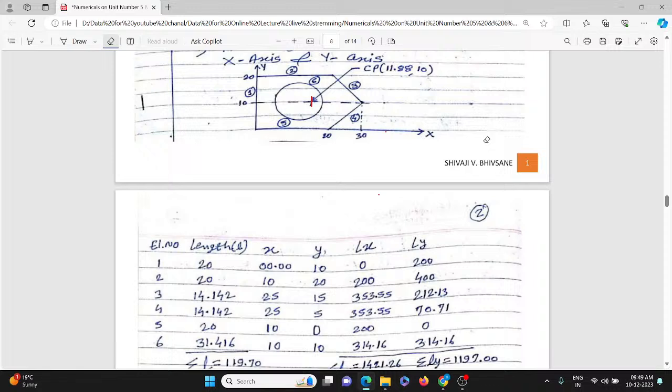Once the concept is clear, very easily you can calculate it, and whatever the shape of the component may be, the procedure is going to remain the same. Any doubt, please? If not, just type understood.